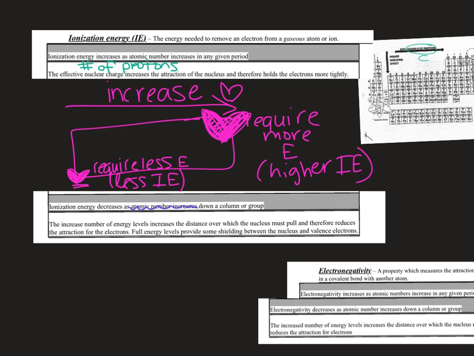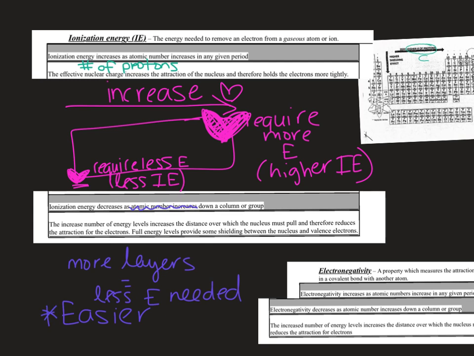That is because we have more layers, so this one has to do with the layers part. If I have more layers, it requires less energy, meaning it is easier. Going down the column, as we get to the bottom, it is easier to take one away than it is up at the top.